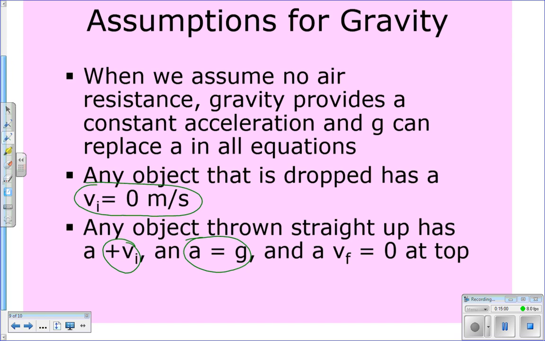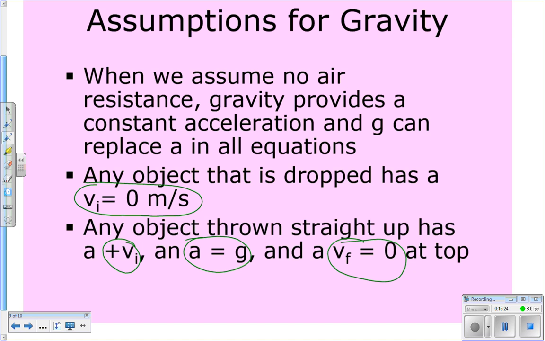When it goes up in the air, gravity is pulling downward on it, so it's got a positive velocity, negative acceleration that's going to make it slow down to a stop. Things go up in the air, they stop at the very top of their flight before they start to fall back down. So if we consider the top of their flight, the VF would be 0 meters per second at the very top.